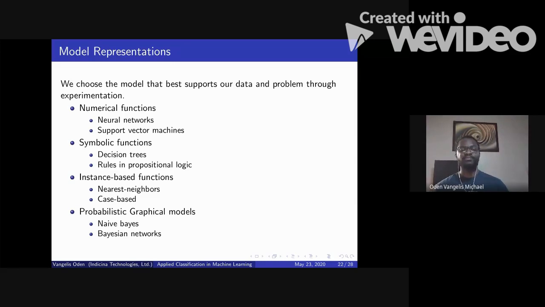Or we use instance-based functions, nearest neighbor, where we saw if your neighbors are dogs, it's possible that you're a dog, and case-based systems. Then we have probabilistic graphical models, which have naive Bayes and Bayesian networks. These are not the only methods under each of the classes, but these are the primary ones we first start looking at before we try to advance to deeper, bigger, larger methods. So that's for the model representations.